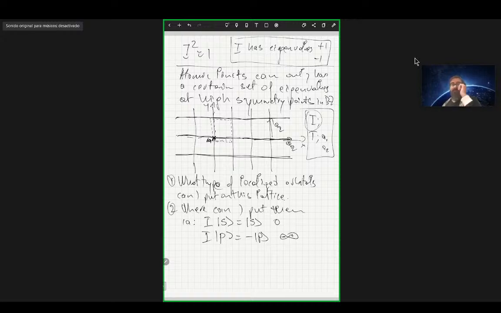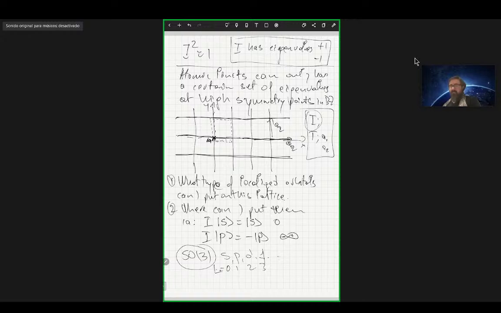Now, normally in chemistry, you know s. Chemists like to talk in the language of the isotropic SO(3), the SO(3) symmetry group. So s, p, d and so on are 0, 1, 2, 3 quantum number representations of the rotational group.